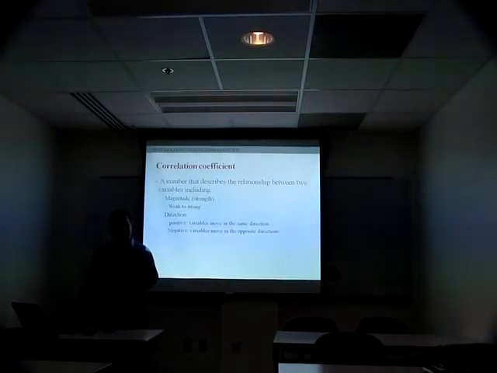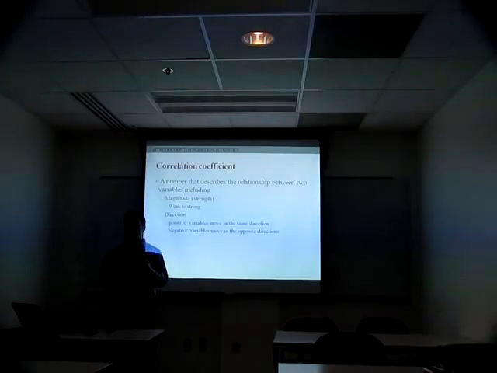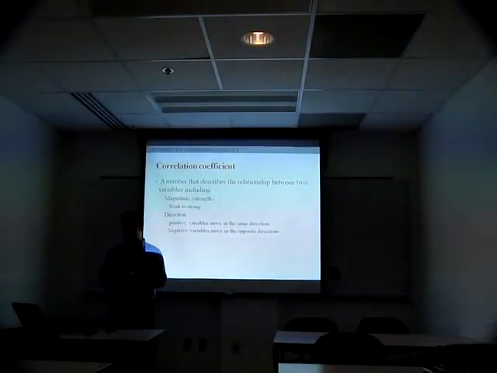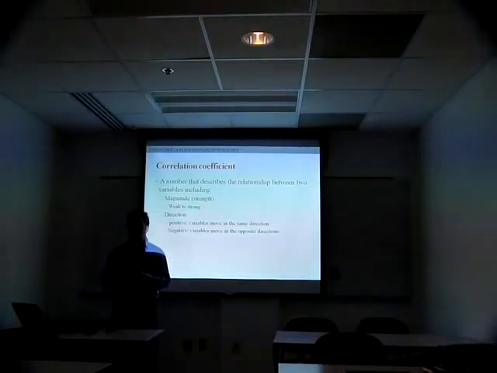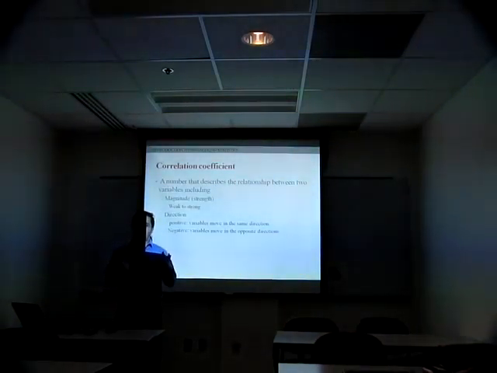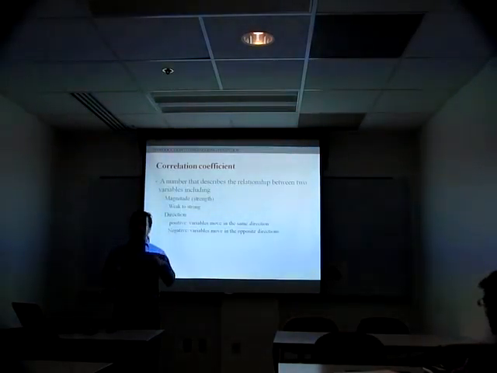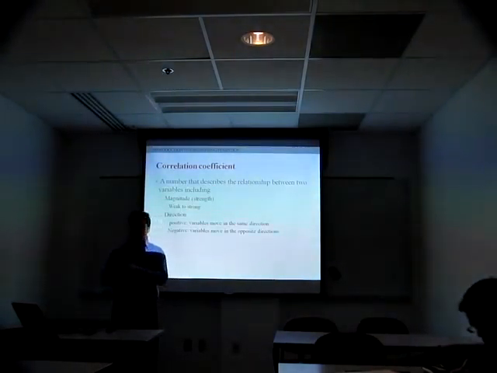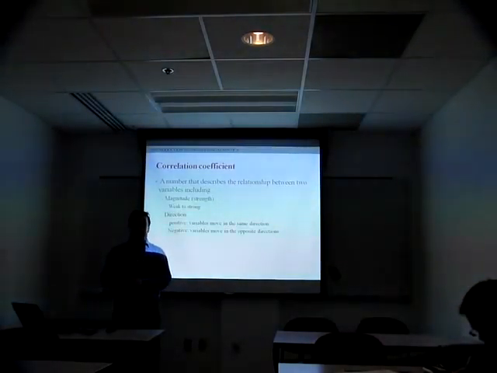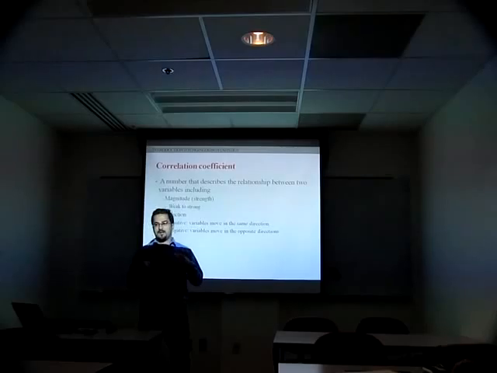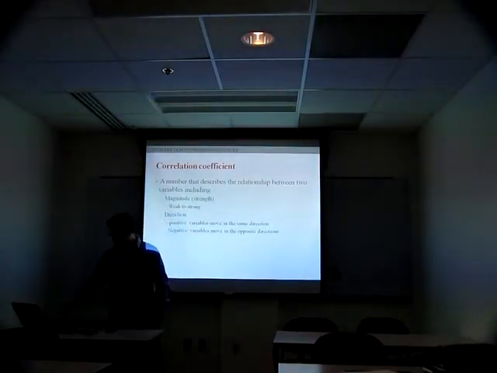The magnitude talks about how strong this relationship between these two variables is, and direction shows whether it would be positive or negative, which shows if variables are moving in the same direction. In other words, if we increase one of the variables, the other one increases. If this happens, it's positive direction, and if variables are moving in opposite directions, we call it negative direction.